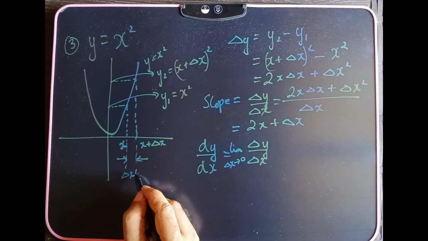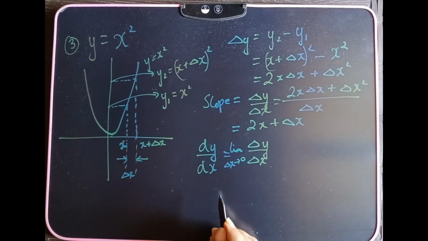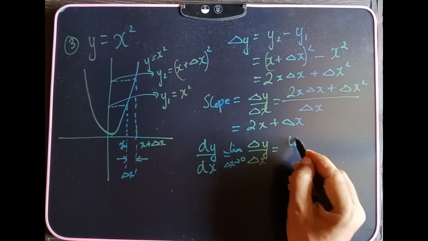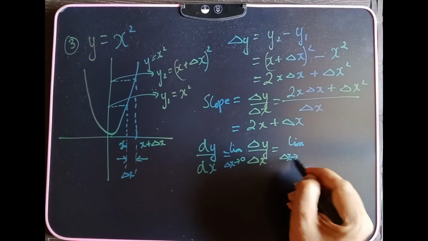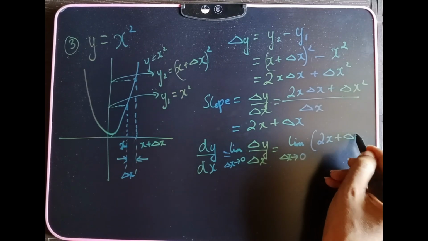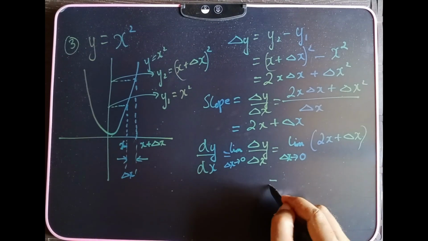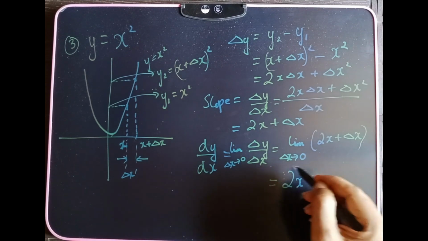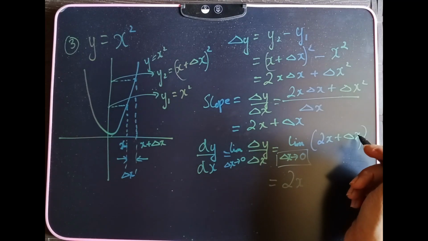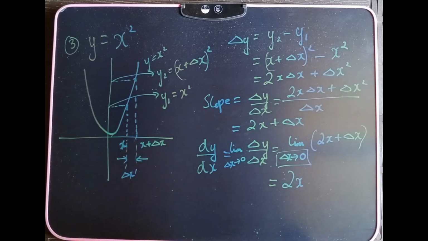This delta x has to be as small as possible to find the derivative, since rate of change is for a small change in x. So you get the limit as delta x tends to 0 of 2x plus delta x, which is 2x, because delta x is a very small change, as close to 0, so it becomes 2x itself.